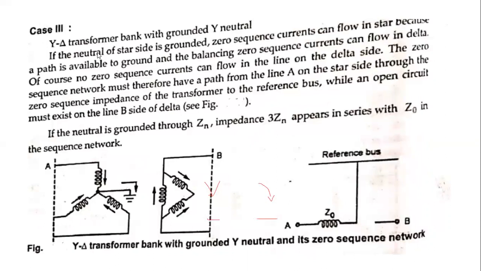If the transformer windings are connected in star delta with grounded star neutral, then the equivalent zero sequence reactance diagram is like this. There is a path between A and the reference bus.